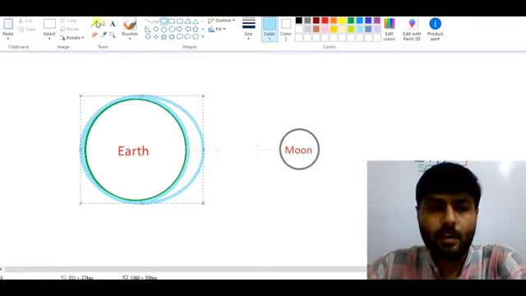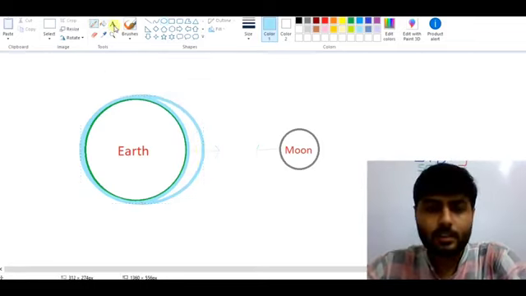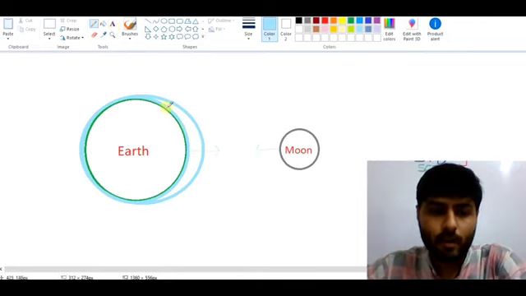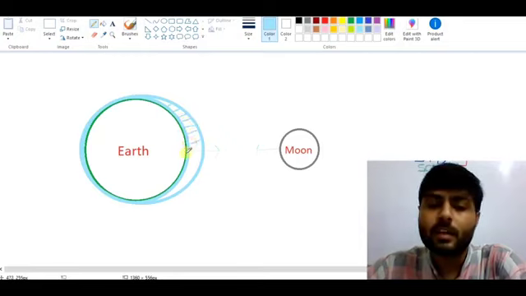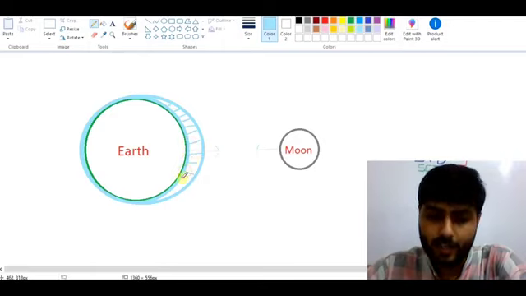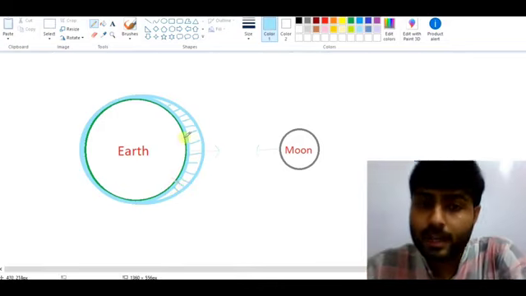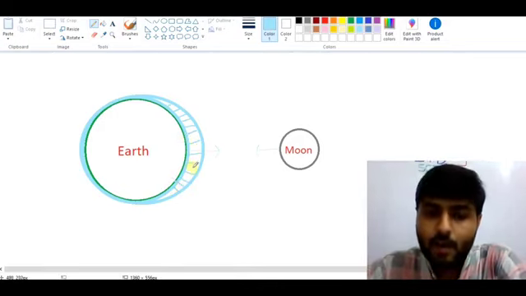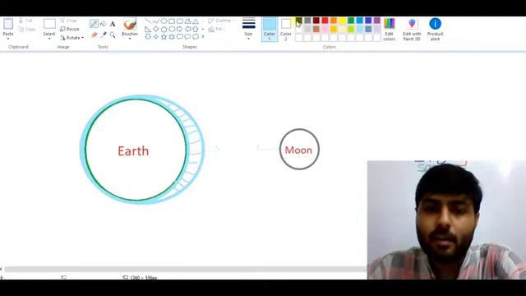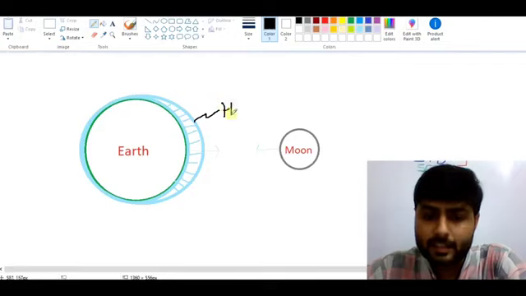Here we have this bulge of water at this side, where the water tries to move towards moon. So we have this bulge here, and now you can see here we have high tide.